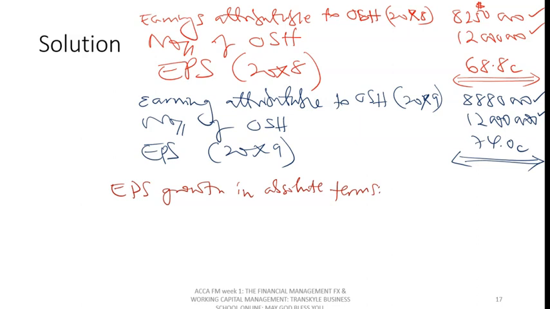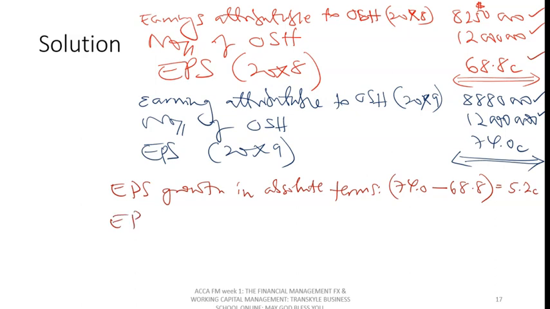In absolute terms, we just want to see how much was the growth. So the current EPS, that's 74.0 minus the initial EPS for 2008, 68.8. This gives us a growth, which is the difference, of 5.2 cents.